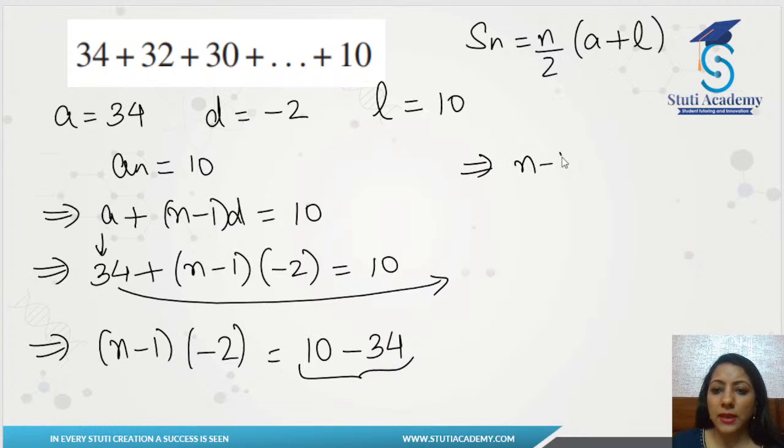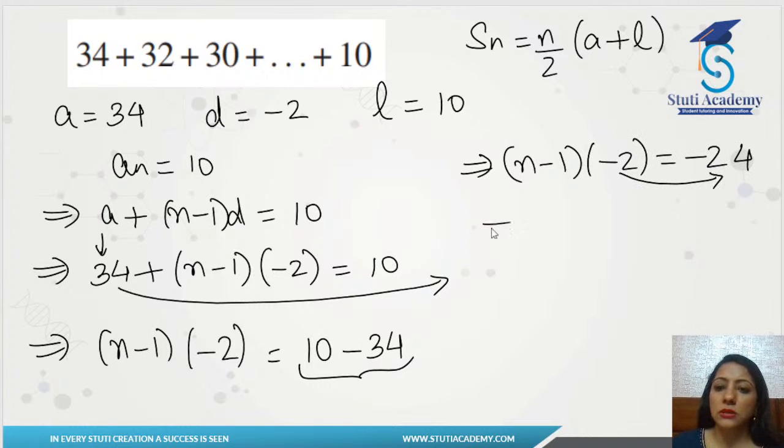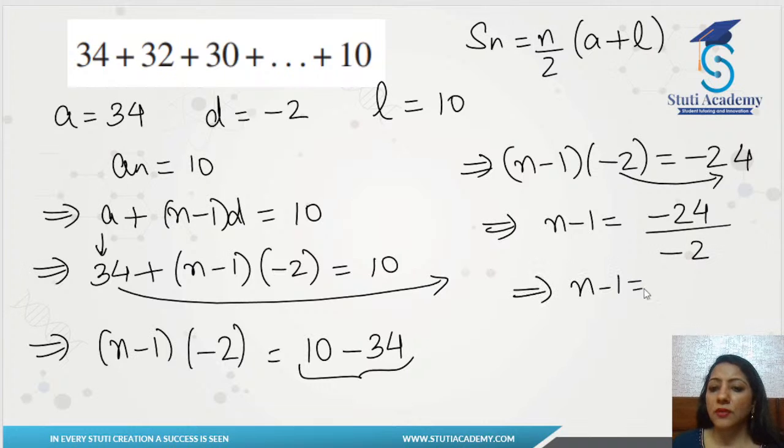So we have n minus 1 into minus 2 equal to minus 24. This minus 2 I'm going to take on the other side. I will get n minus 1 is equal to minus 24 over minus 2. So this is going to become 12. So finally we have n as 13. Minus 1, if I take on the other side, will become plus 1. So here we have n as 13.